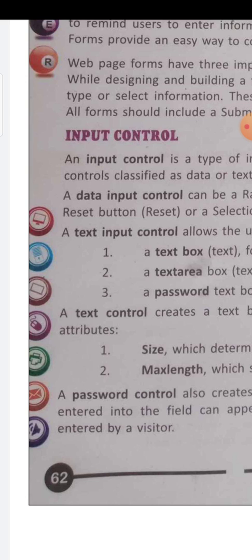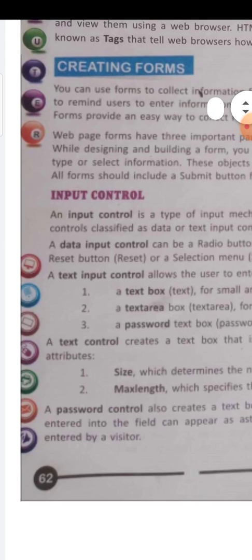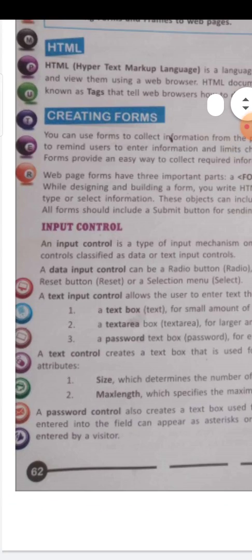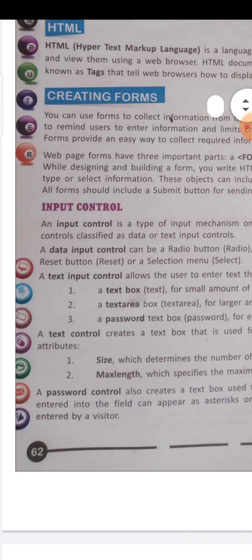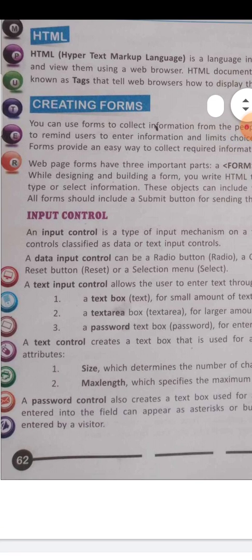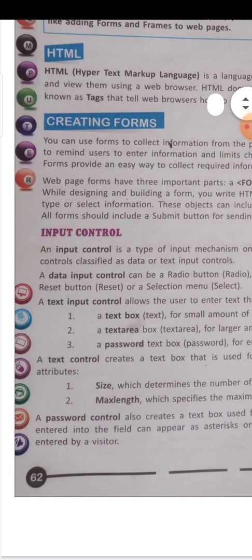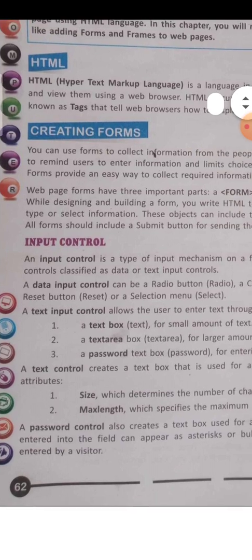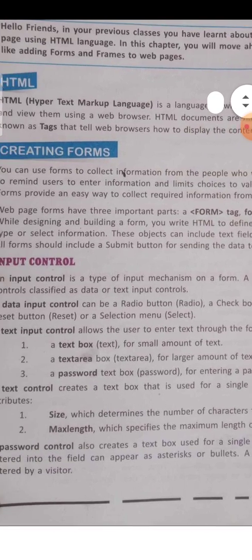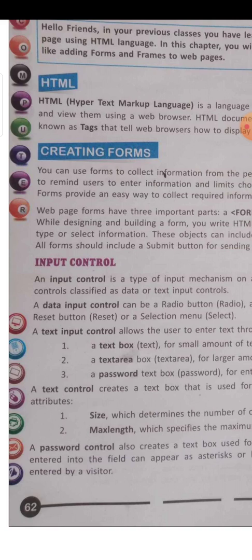The basic thing is, first of all, to create a form we must use the form tag. Form is the element, and it is a container tag, so we must use the open and close tags for the form. When we talk about input controls, there are different input controls. First is the data input control, which includes radio buttons, checkboxes, reset button, and selection menus.